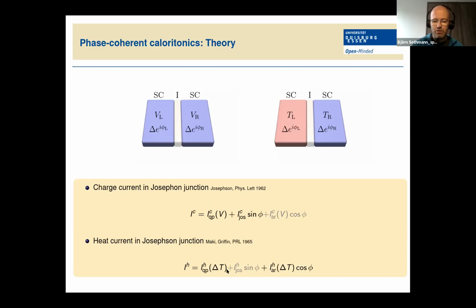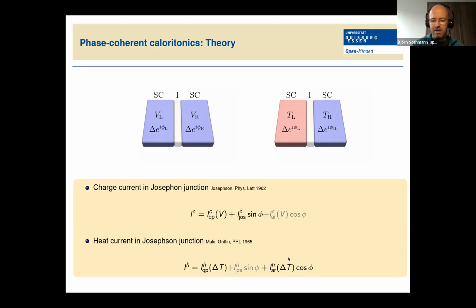So there's one contribution from quasi-particles above the superconducting gap that's phase independent and requires a finite temperature bias. In principle, there's also a contribution from the Cooper pairs, but as long as you don't apply a bias voltage in addition to the temperature bias, all the Cooper pairs are at the same energy, so they don't contribute to the heat current, and this coefficient here is simply 0, and you can forget about this term.